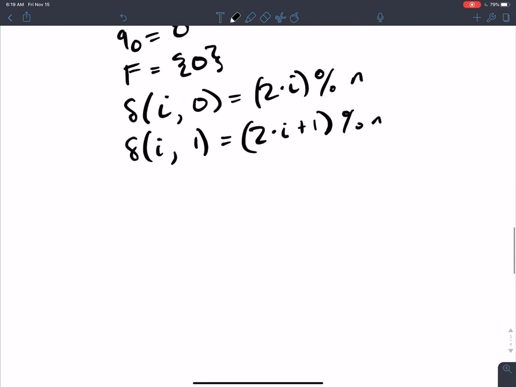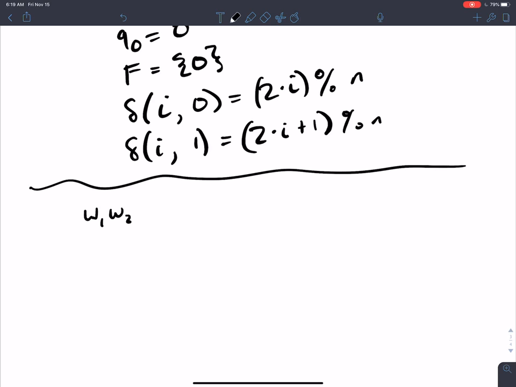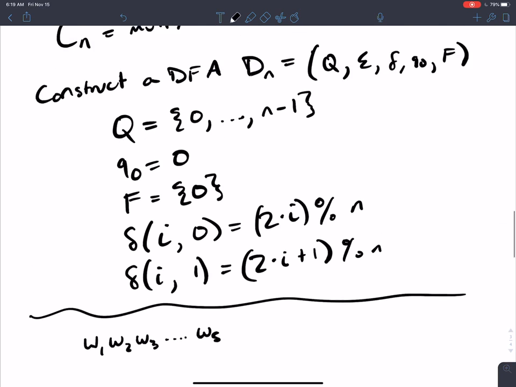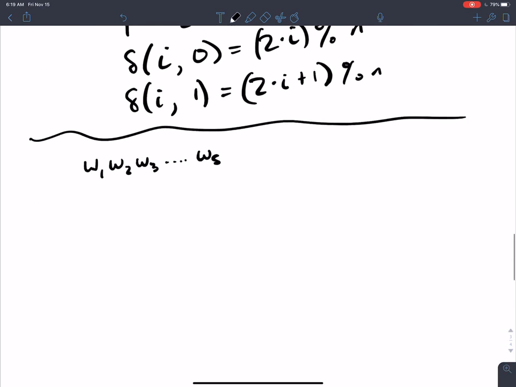It's actually pretty easy to show. So let's just say we have w1, w2, w3 up to ws, for example. I'm not going to use n here because the language has n in it. So let's proceed by induction.